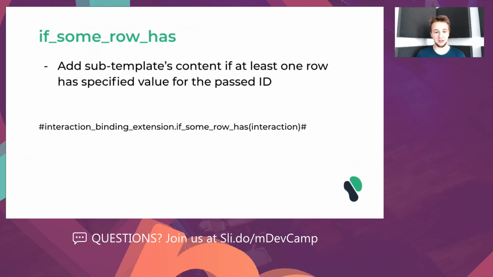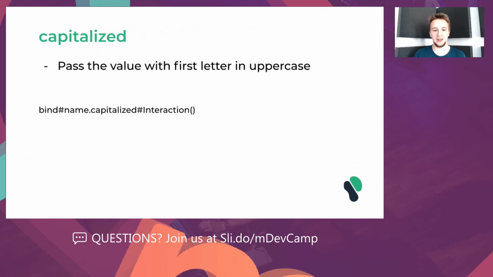If some row has, again, is a very similar thing, but just checking all the rows. So here in the example, interaction binding extension should be placed in the output if some of the rows has interaction specified. And capitalized probably doesn't need much explanation, just put there the value from the field and make the first letter uppercase.